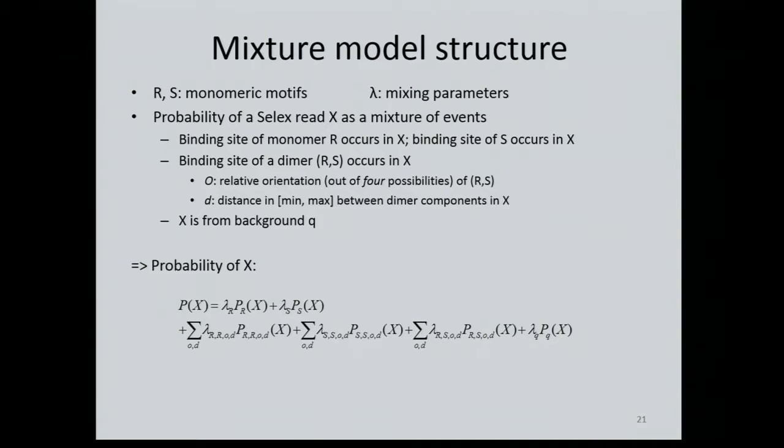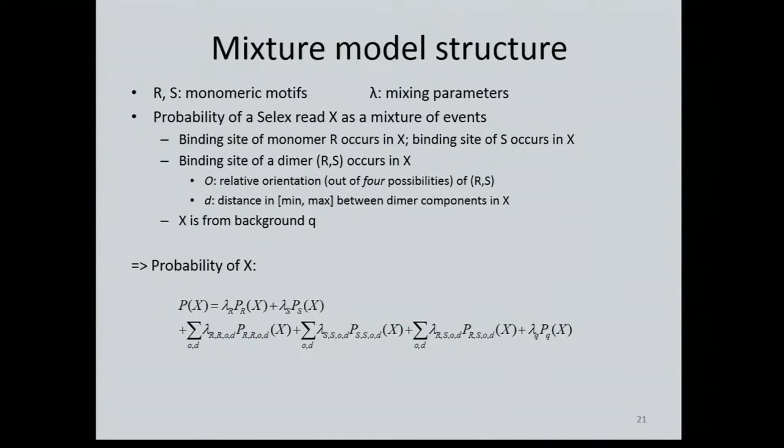So what we do is just a mixture model for the probability of a SELEX read X, which is of length 40, for example, and contains maybe many motif occurrences. Motifs are typically maybe 8 to 13, 15 long.